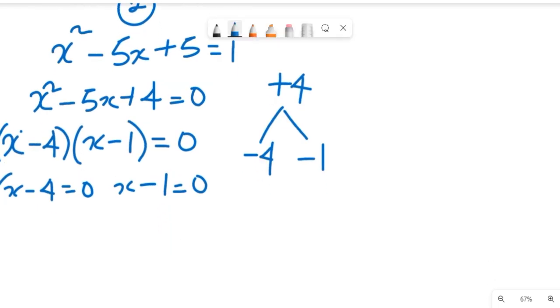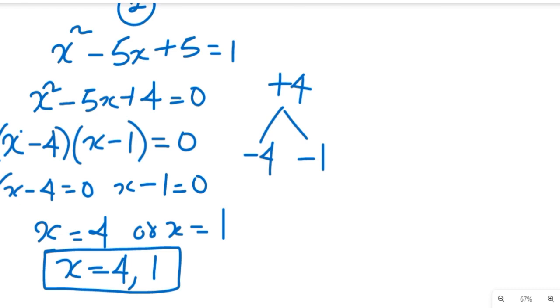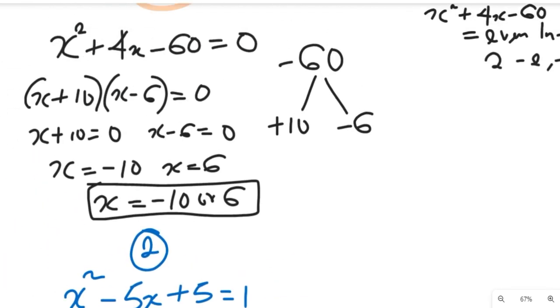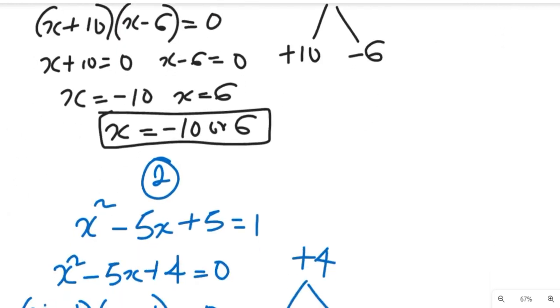Finding the values for x, we find that x is equal to 4 or x is equal to 1. So our values for x that can make the left-hand side of this equation become 1 are 4 or 1. If we insert x equal to 4 or 1 in the quadratic exponential equation, we will make the left-hand side equal to the right-hand side, which is 1.